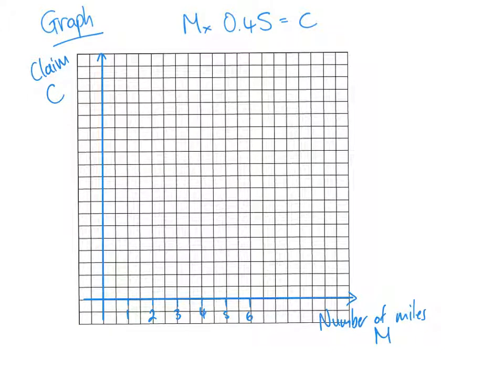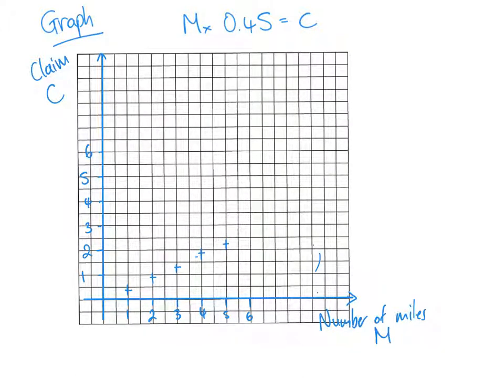I think we'll go up in pounds, £1, 2. So if we go 1 mile, we get to claim 45 pence, 2 miles, 90 pence, 3 miles, 135 around there, 4, 180, 5, 225, something like that.